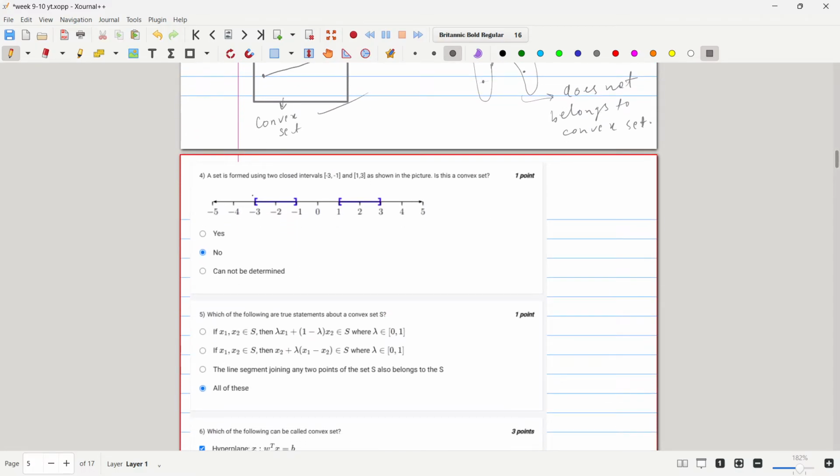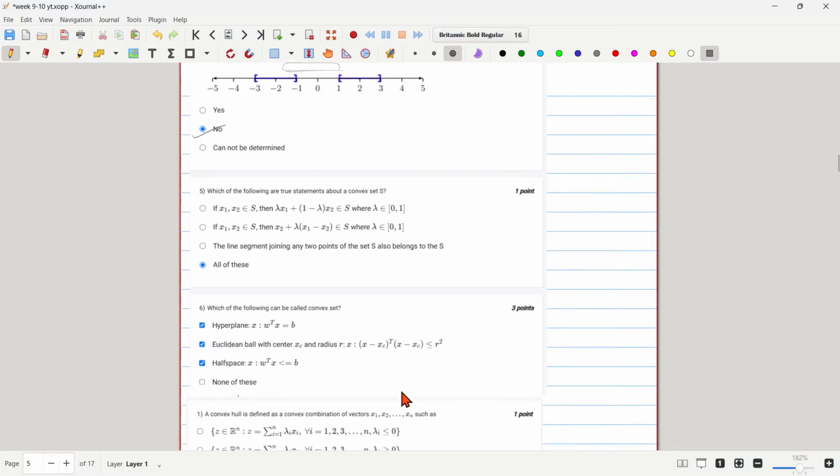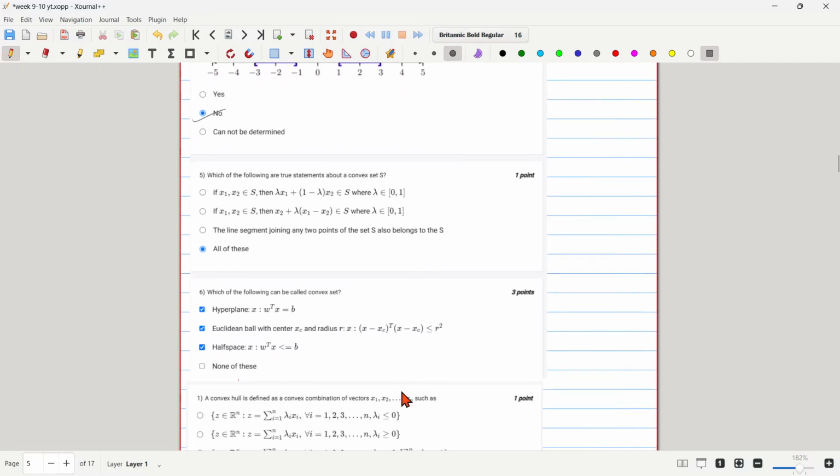Same in the fourth question, a set is formed using two closed intervals, -3 to -1 and 1 to 3, as shown in the picture. Is this a convex set? No, it's not, because if you choose -1 and 1, you cannot draw a single line segment joining these 2 points. So this is not a convex set. As you can see, the line segment joining any 2 points of the set S also belongs to S. Then which of the following statements are true about the convex set?